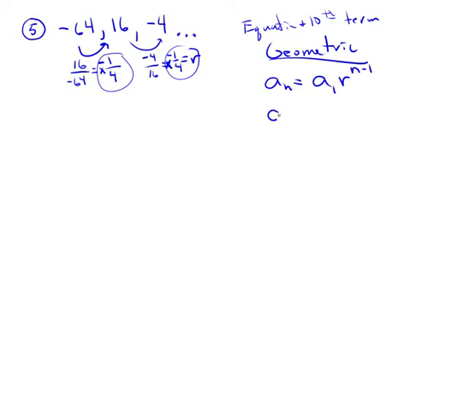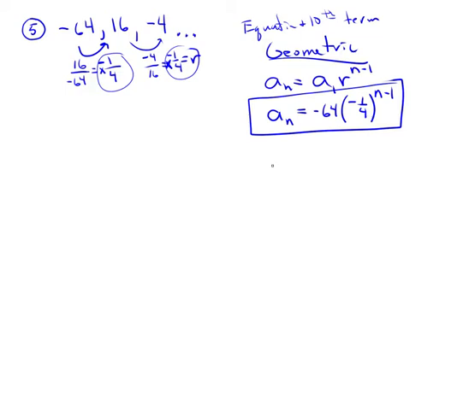So I will substitute in my ratio and my first term, which is negative 64, times parentheses, negative 1/4, my multiplier, to the n minus 1. And there is the equation for this geometric sequence.